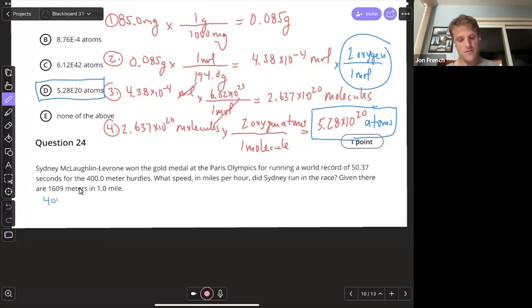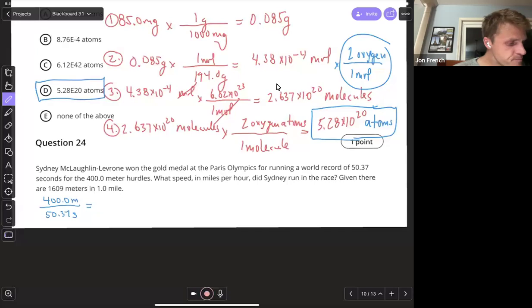So, 400 meters in 50.37 seconds. For the practice test, 25 questions, 1 point each. 400 divided by 50.37, right? So that's like 7.94 meters per second.